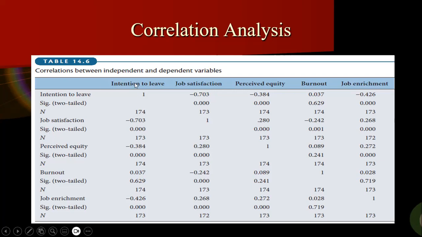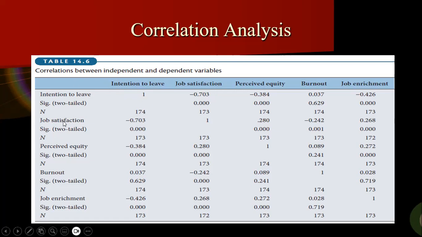On the top row, we have the same list of the variables. So let's make the pair. The first pair is intention to leave and intention to leave. It is understood that a variable with its own variable has perfect positive relationship. The value is 1. That means perfect positive relationship.